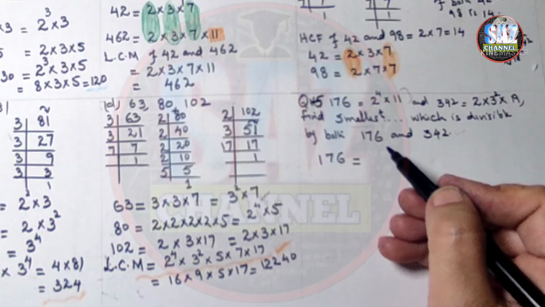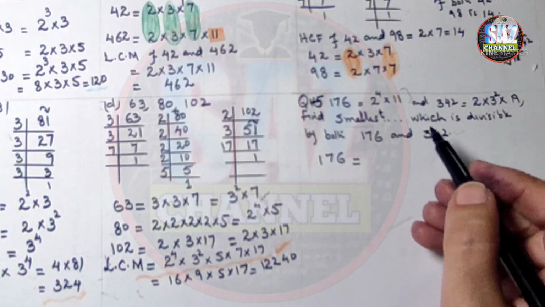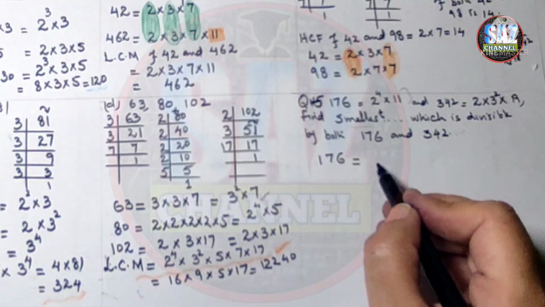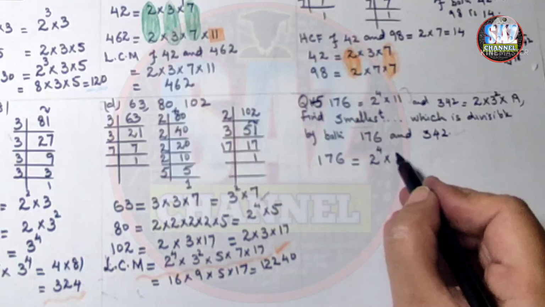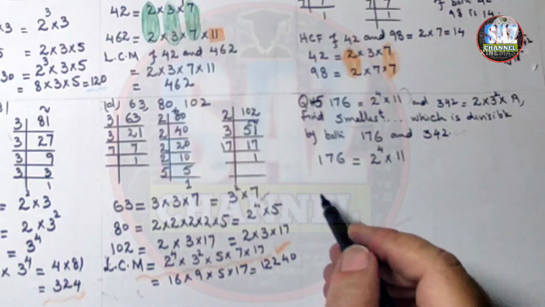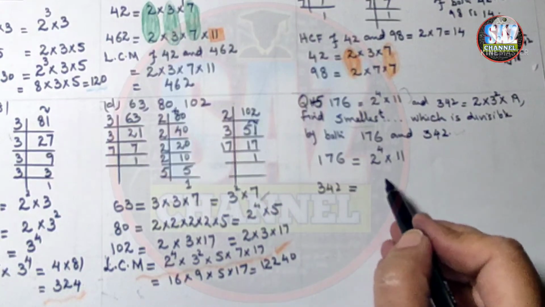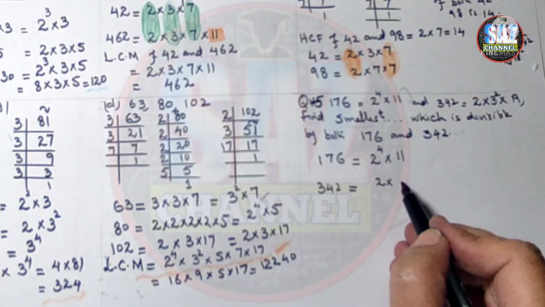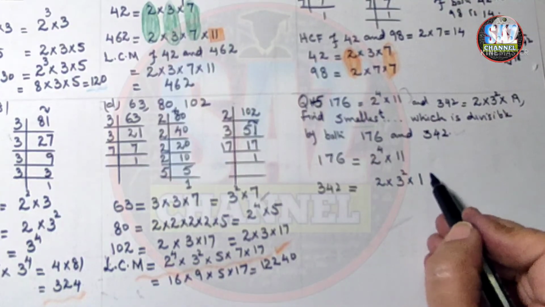Here the prime factors of both the numbers are already given to us. Factors of 176 are 2 raised to power 4 multiplied by 11, and factors of 342, which are given in the question, are 2 multiplied by 3 square multiplied by 19.